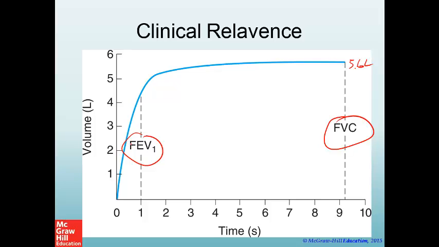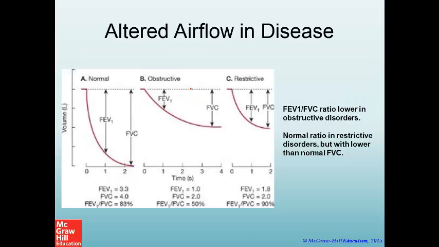If your tubes are fine, if you don't have any blockages, don't have any problems with your elasticity as far as your lung tissue is concerned, your FEV1 should be about 80% of your forced vital capacity. Right? Within 1 second, you should be able to evacuate about 80% of your lung capacity.